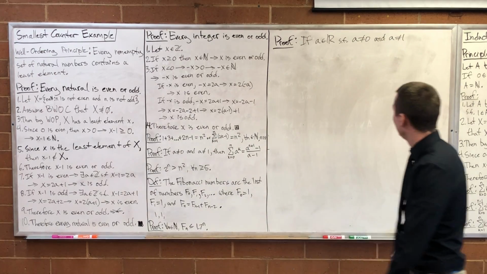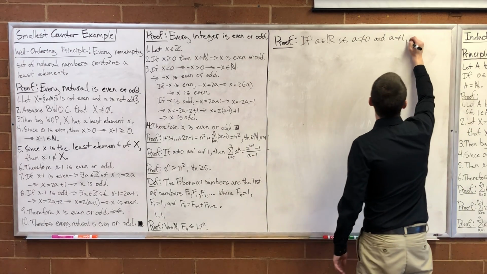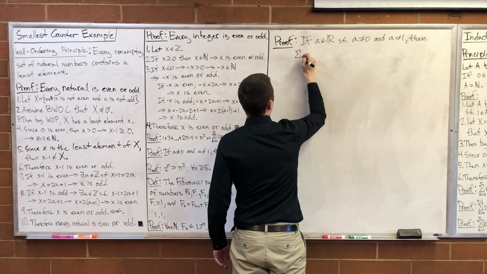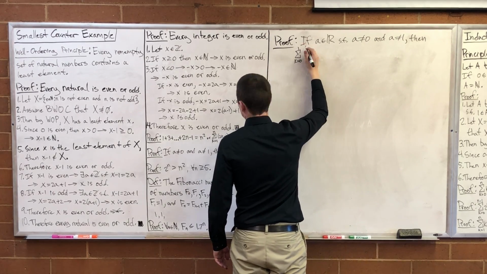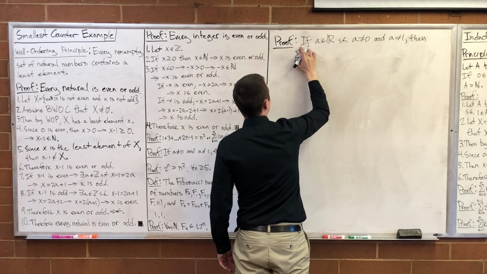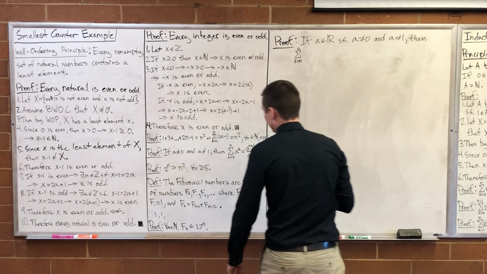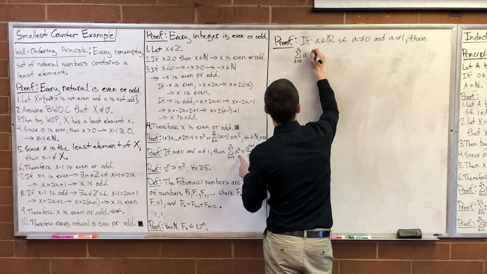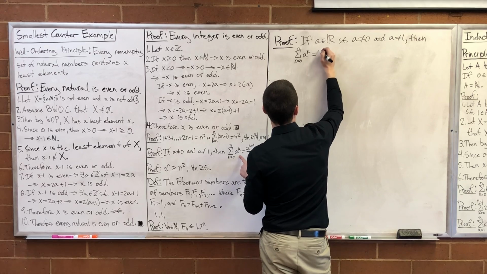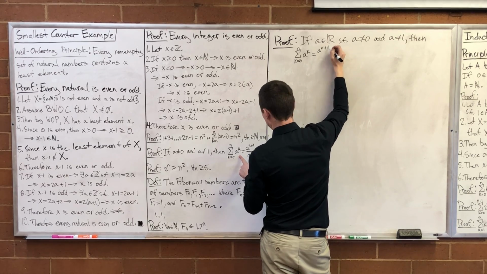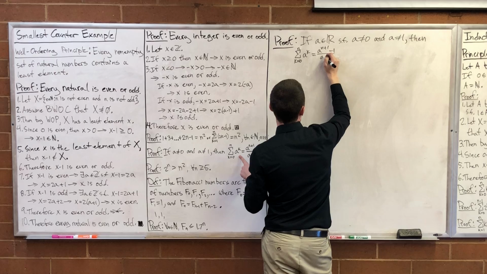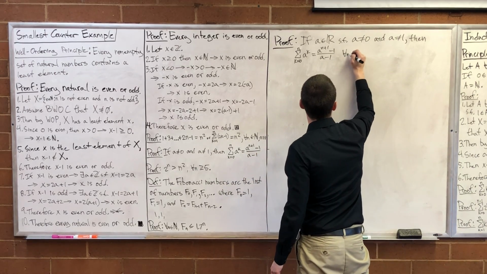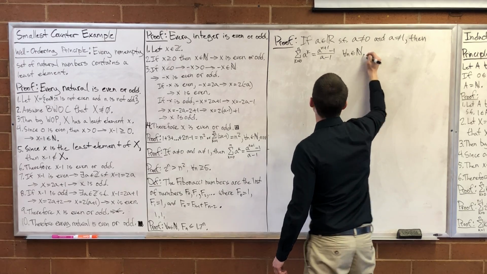Then the sum from k equals 0 to n of a to the k is equal to a to the n plus 1 minus 1 over a minus 1. So this is true for all n in the natural numbers, for every natural number.